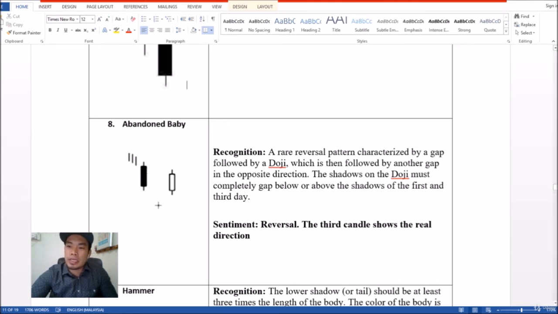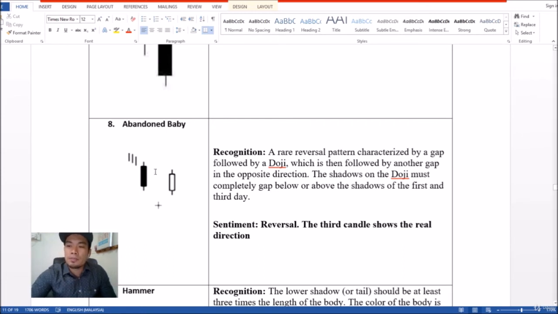You can see the previous candle is black or white, but it is followed by a doji, which gaps down from the first candle, and the third candle, the last candle, gaps in the opposite direction. This indicates a reversal in process. The third candle shows the real direction.